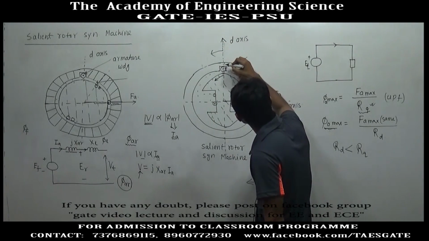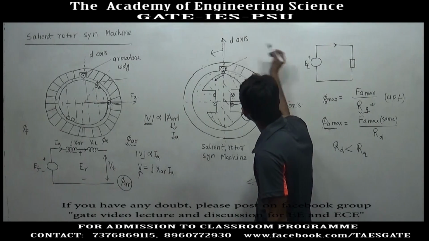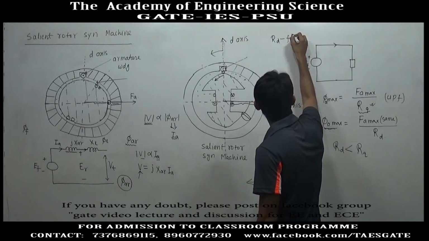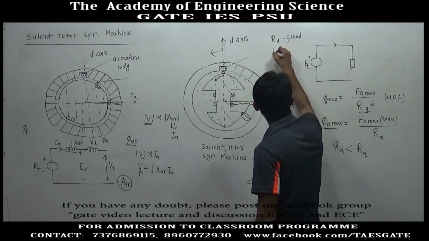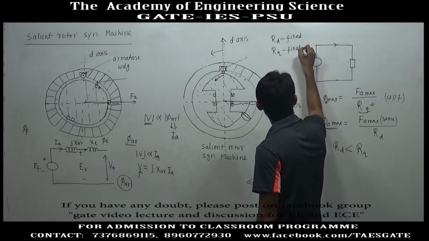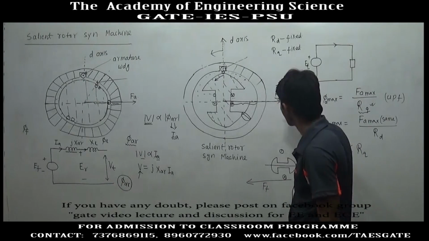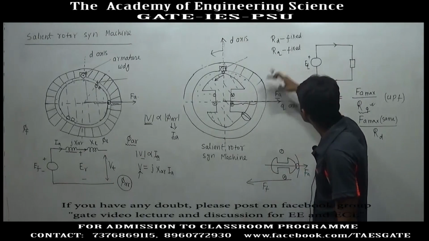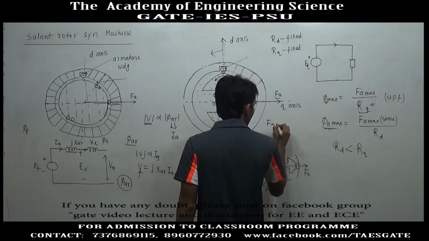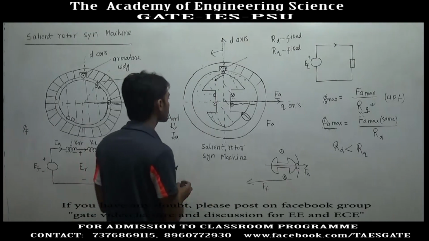Along D axis the air gap is fixed. So, the reluctance along D axis is fixed and reluctance along Q axis is also fixed. So, it is better to resolve the total armature MMF along D axis and Q axis.